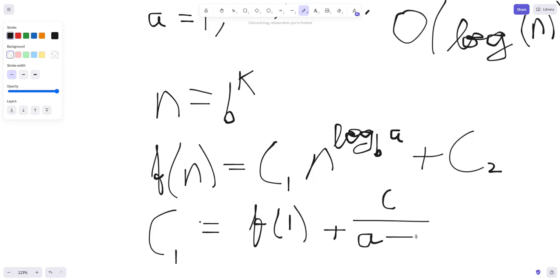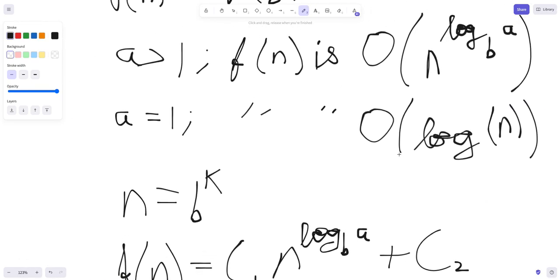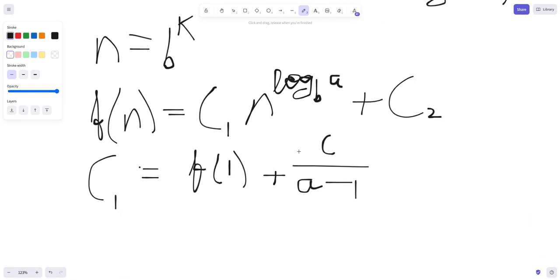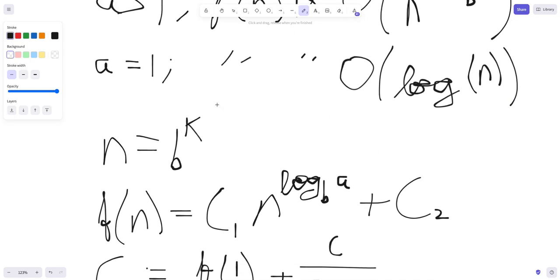And the c that we're talking about is the c we have over here. And c2 is equal to negative c over a minus 1. So these three are important theorems that you can remember.